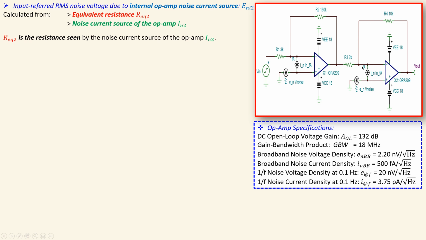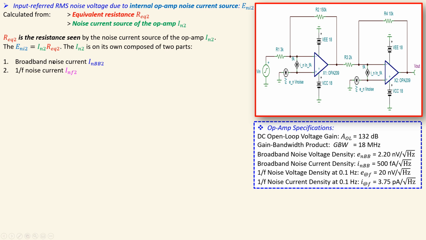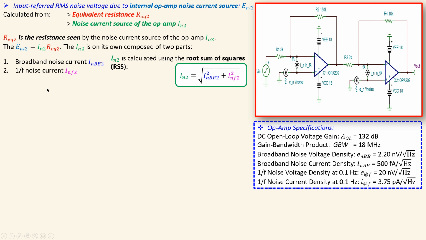That is this one. We need to calculate that in RMS, and using Ohm's law we can calculate what the input contribution is of that noise current source. And that is on its own part also composed of two parts, which is the broadband noise current, also the 1/f noise current. That will be calculated also using the root sum of squares, which is given by this expression.